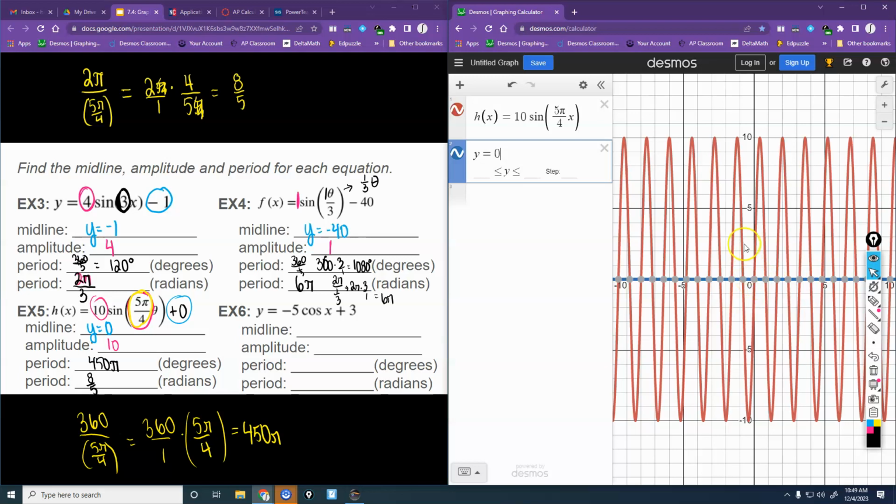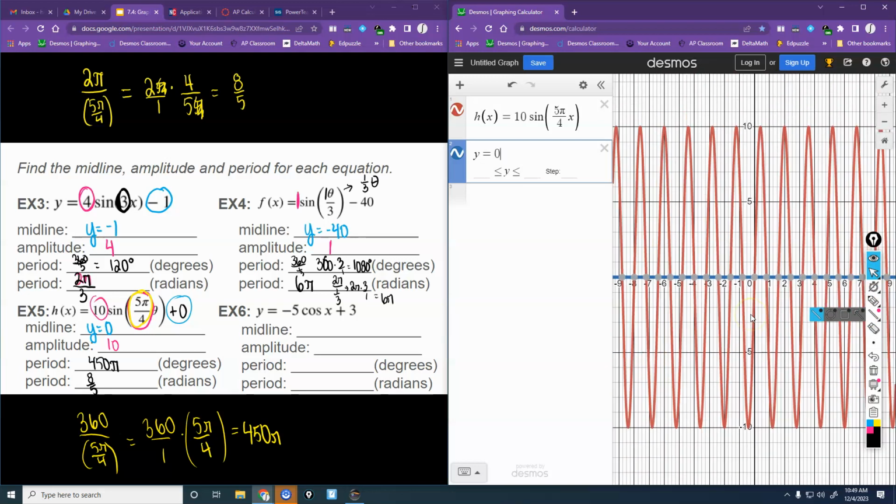And if I trace this, if I go up, back down, and then back to here, right there, I got 1.6. What is 8/5? If I give it a decimal, it is 1.6. That is my period for my graph, so I know I've done this correctly. And change to degrees if you want.